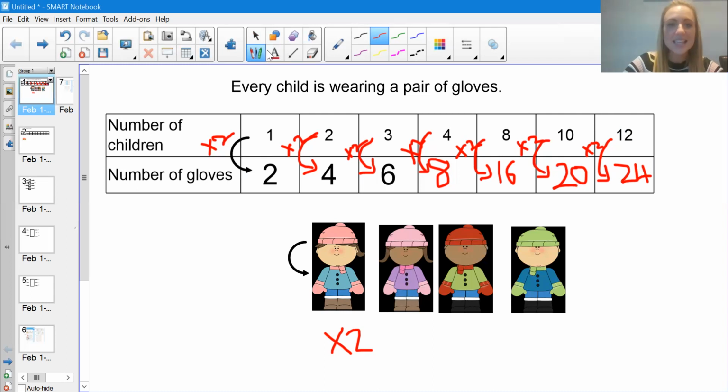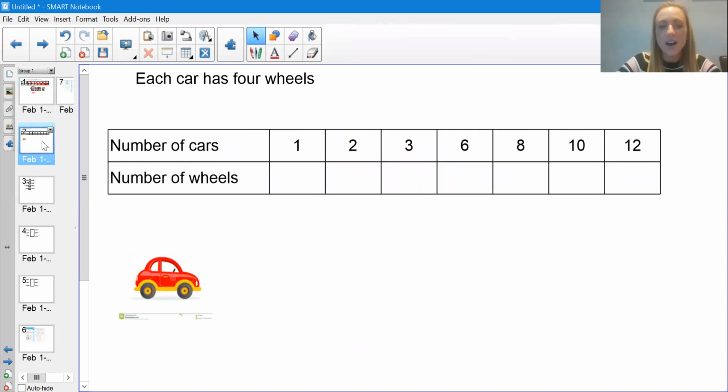Okay, let's have a look at the next one. Each car has 4 wheels. So the number of cars is along the top. I've got 1 car, 2, 4, 6, 8, 10, and 12 cars. And you need to work out the amount of wheels.